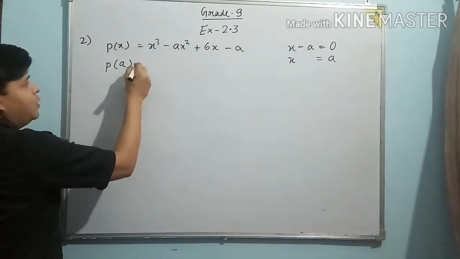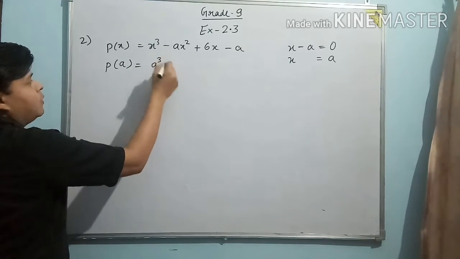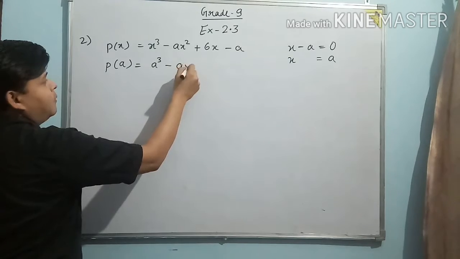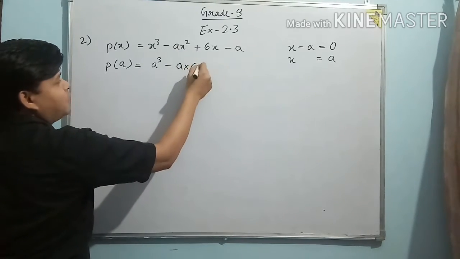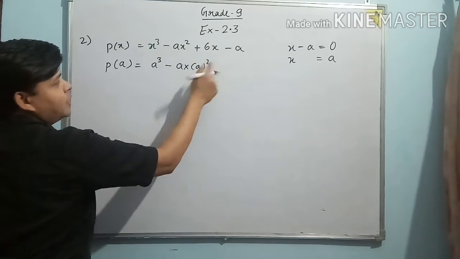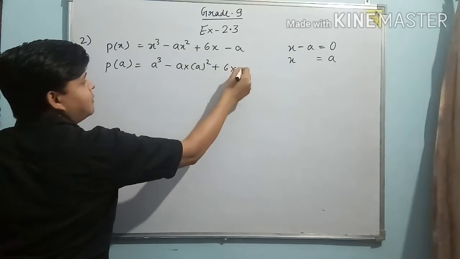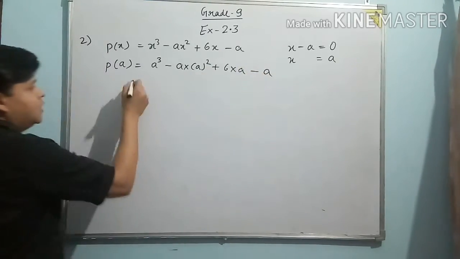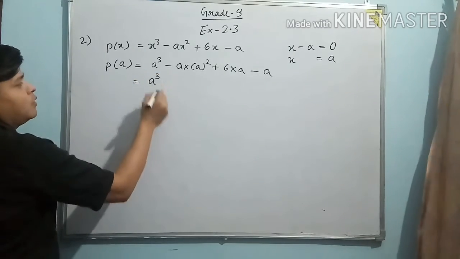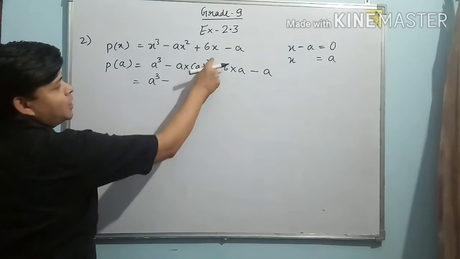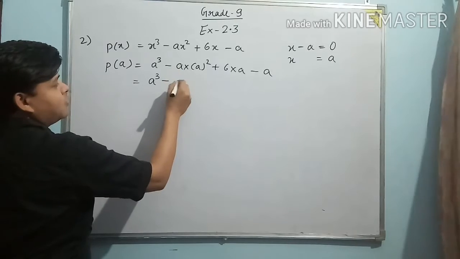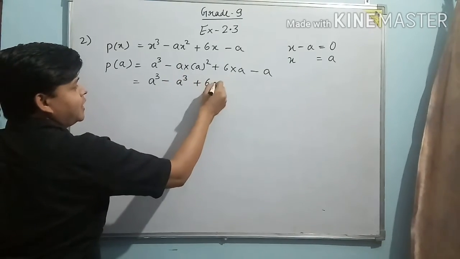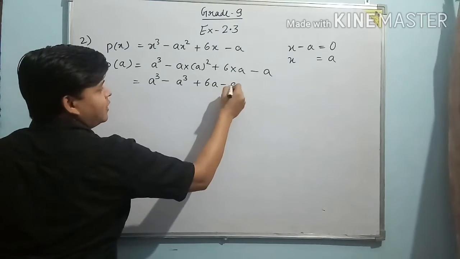So let's put this value here: a cube minus a multiplied by, in place of x let's put a and square over it, plus 6 multiplied by a minus a. So this will become a cube minus, from here a square into a, so this will also become a cube, from here plus 6a minus a.